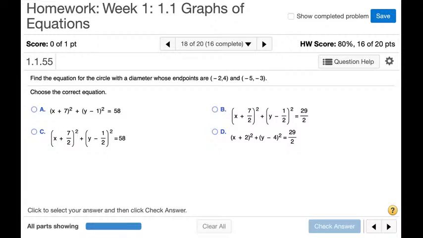We can at least divide everything by 2. 29/2, right? Let's see. It should be either B or D. And then it looks like B, right? X plus 7/2 squared plus y minus a half squared equals 29.